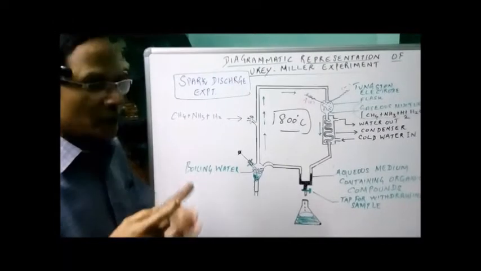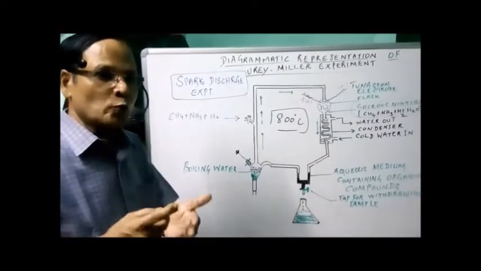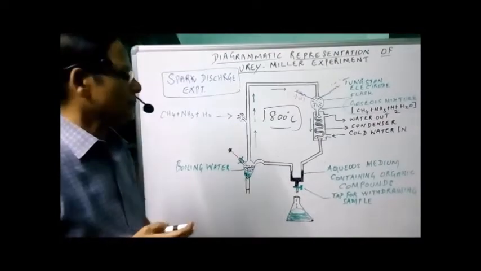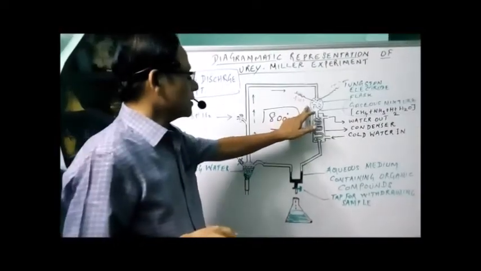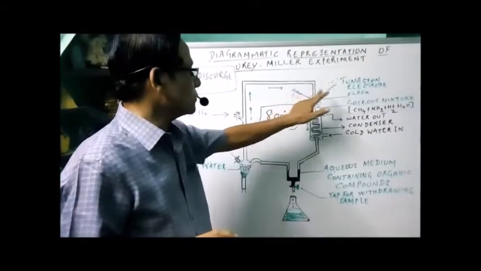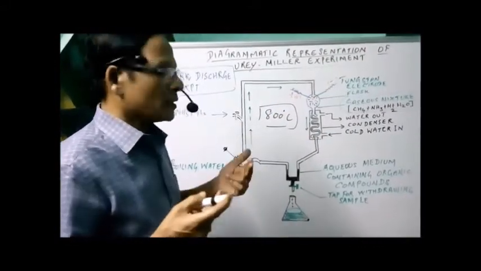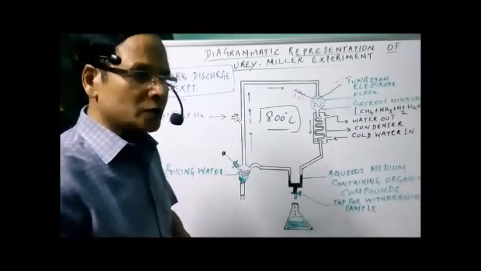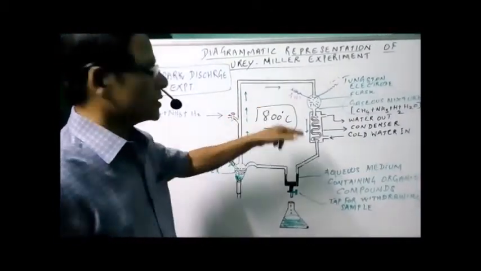The experiment was conducted for nearly one week, and then the liquid collected in the U-tube was analyzed. Here is the electric spark provided by the tungsten electrodes. When the electrodes spark, they release energy, and that energy was used for the union of these four gases.